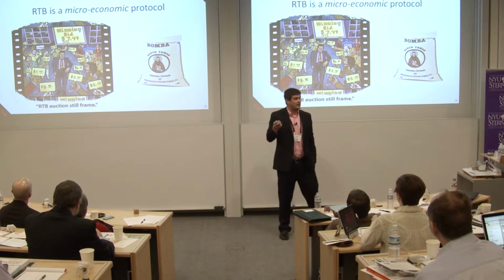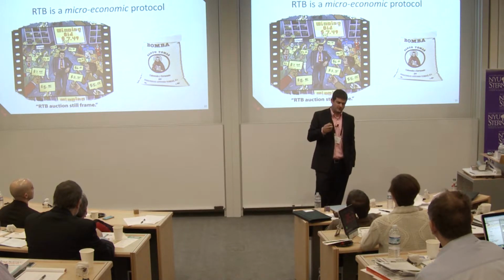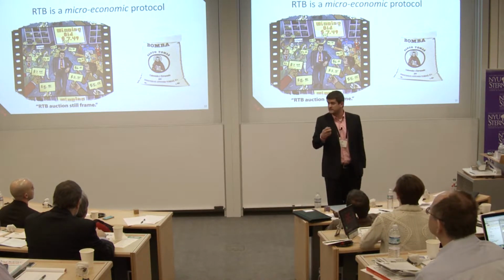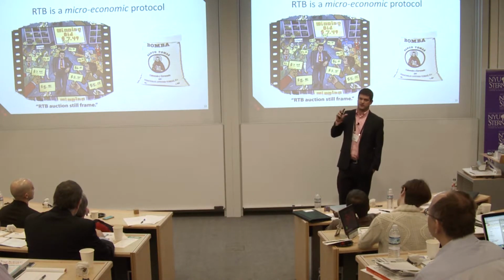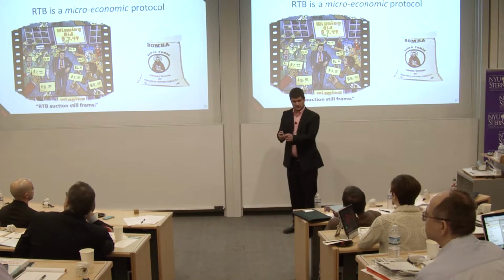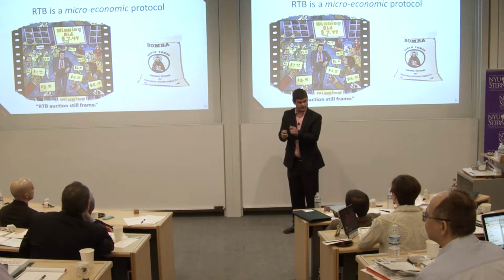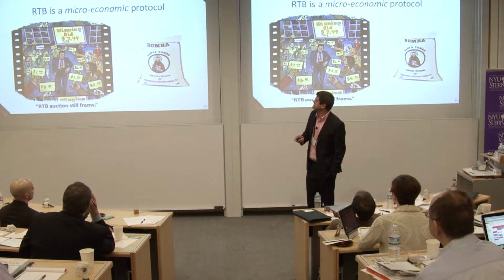And I say grain of rice because impressions are actually priced per thousand. So when you want to buy an ad at $1 CPM, that means that for every 1,000 impressions, this ad will cost $1 to place. So it's microeconomic because we're concentrating on a protocol for very small, individual quantities of something that is priced per thousand.